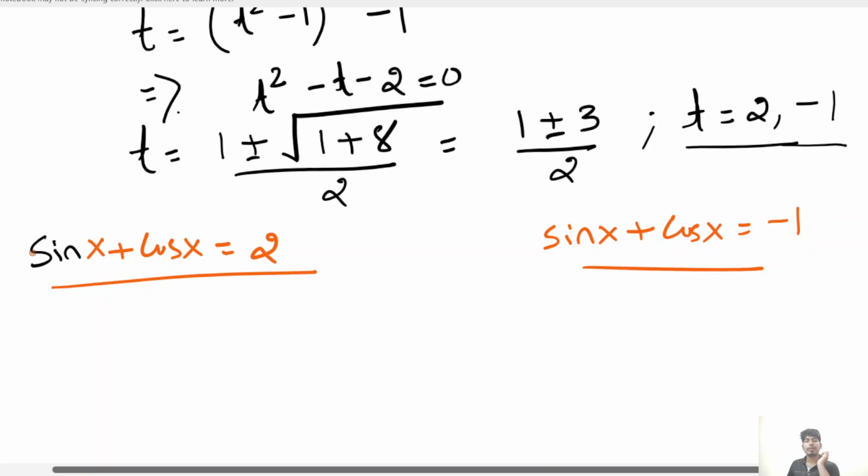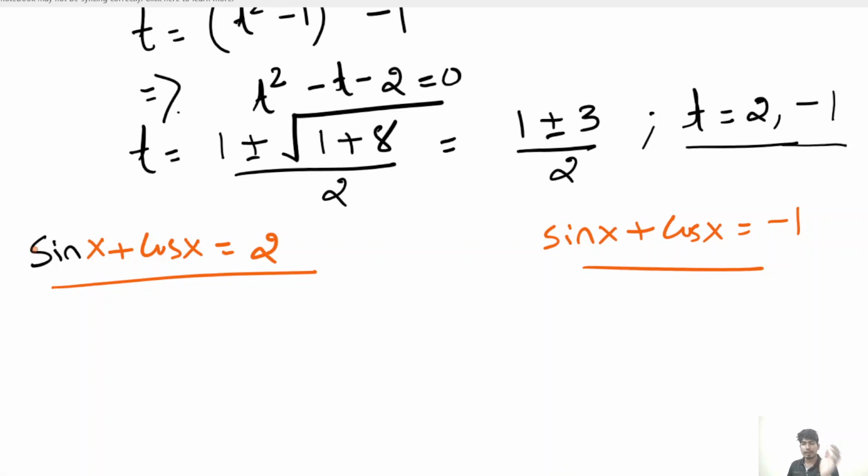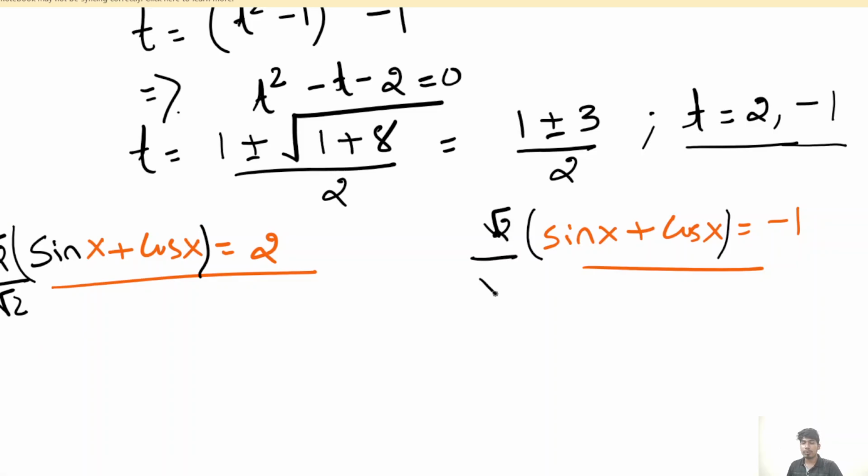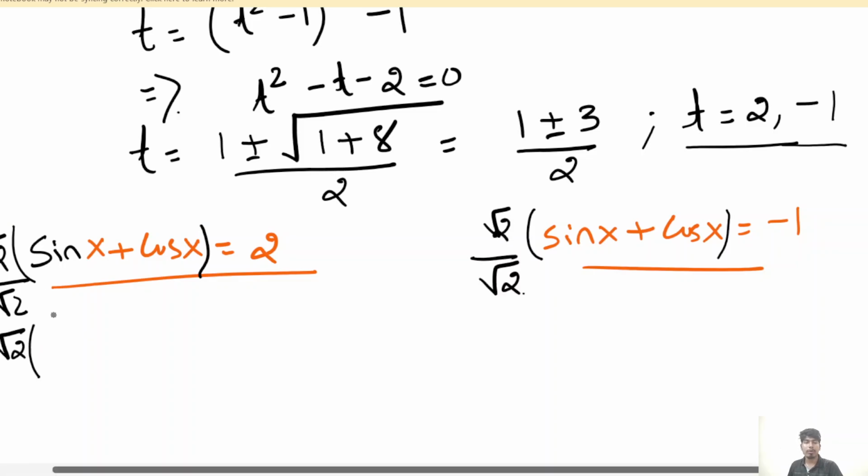How do we solve the equation? Multiply and divide by root 2, then this becomes a cos or sine function. Multiply root 2 here and divide also by root 2. Then we get root 2 times, inside, 1 upon root 2 sin x plus 1 upon root 2 cos x.